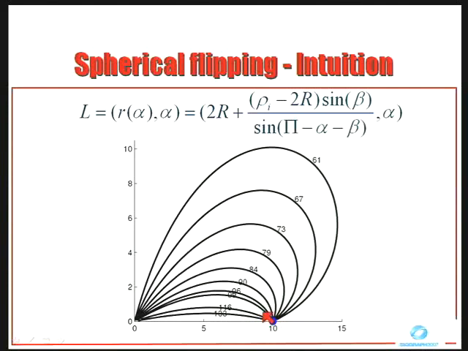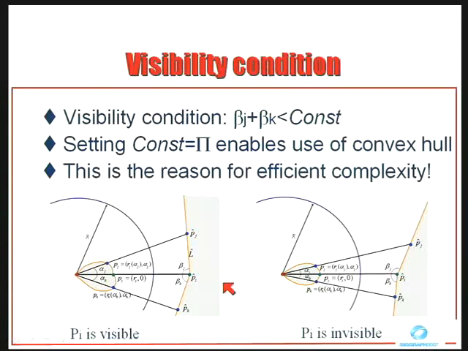We see that the smaller beta is, the larger the area that is bounded by this curve L. And we said that L determines the empty region that is associated with the point pi. In essence, for every point pi, we have two special points, pj and pk, that define the empty region associated with a point pi.